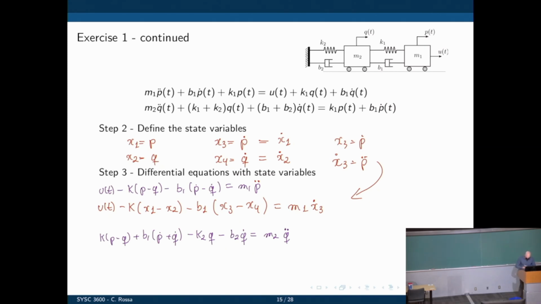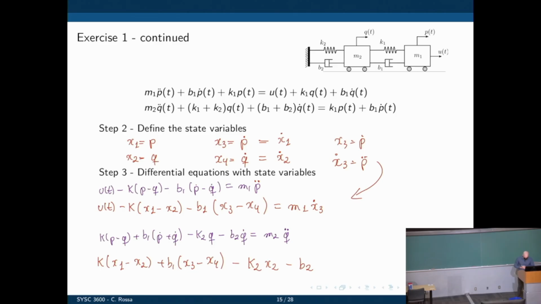It's down there, and let's rewrite that equation using the states. So P is x1, Q is x2, plus B1 times P dot, we just did this, is x3, minus Q dot, which is x4, minus K2 times Q, which is x2. This is really easy to make a mistake here. Minus B2 times Q dot.